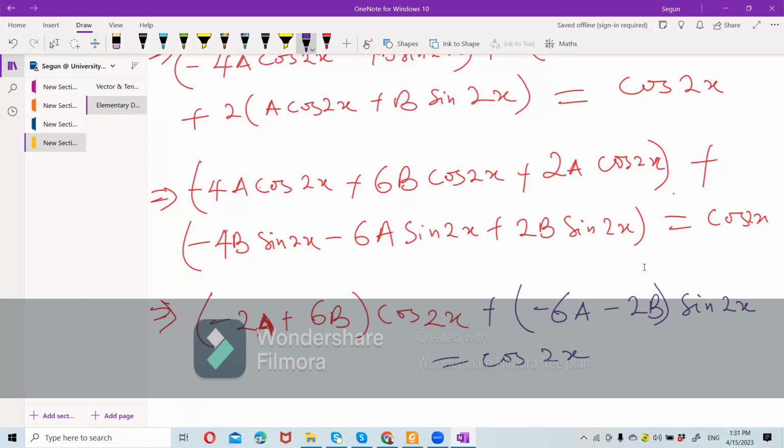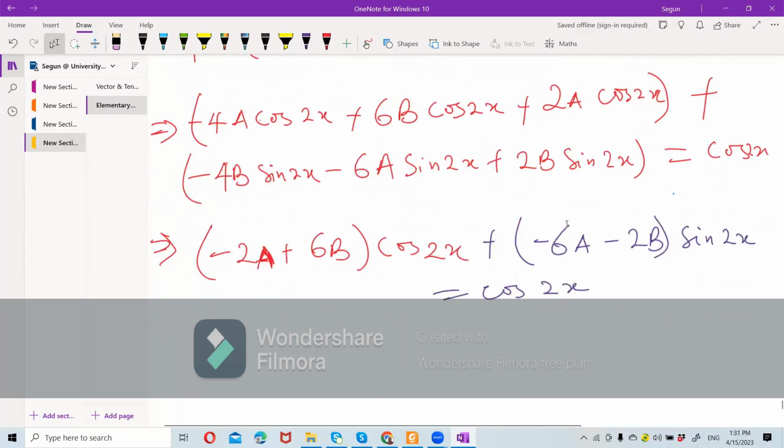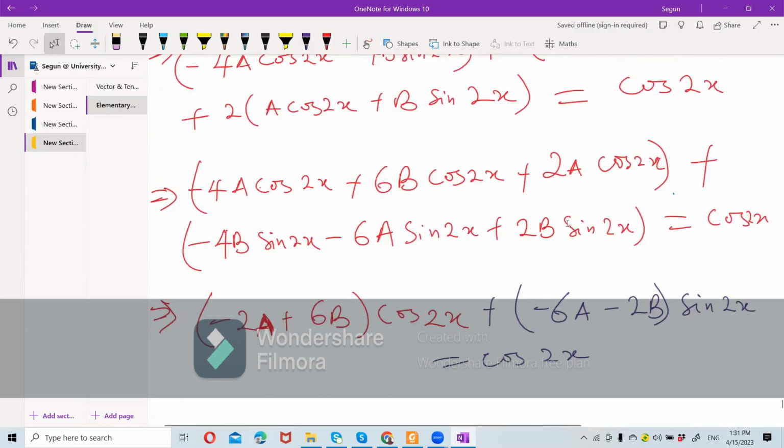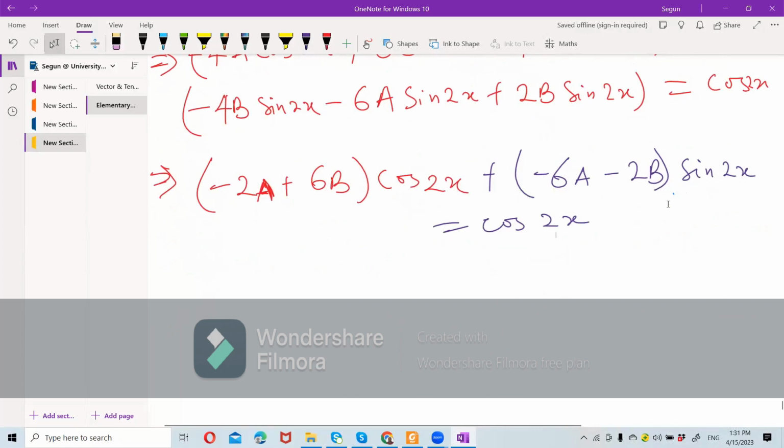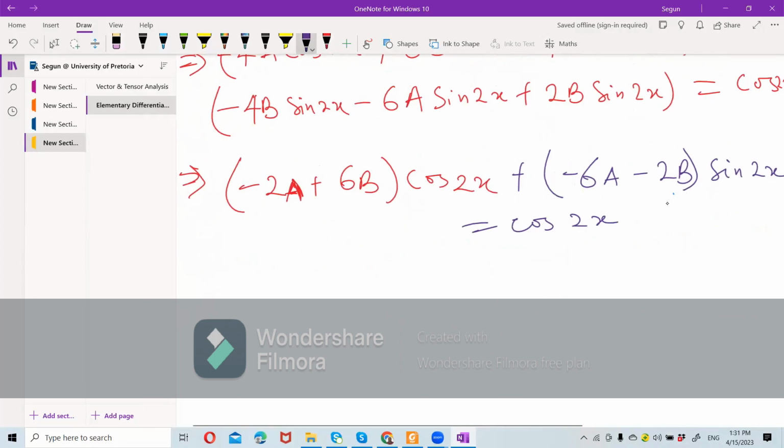Now, if I want to compare, you agree with me that I can only compare with cos. So now look at it. Minus 6a is going to be minus 2a plus 6b equals 2a.